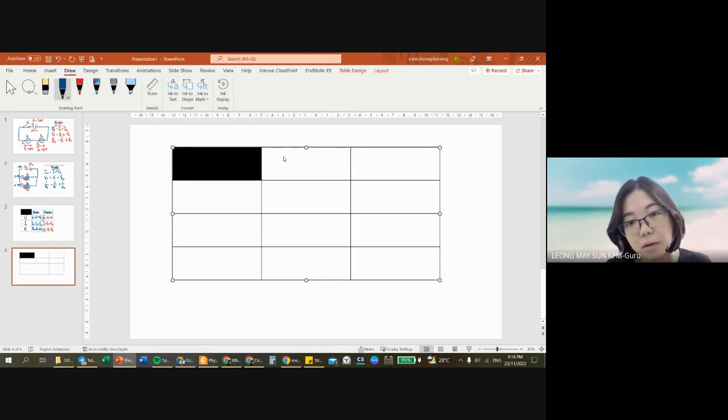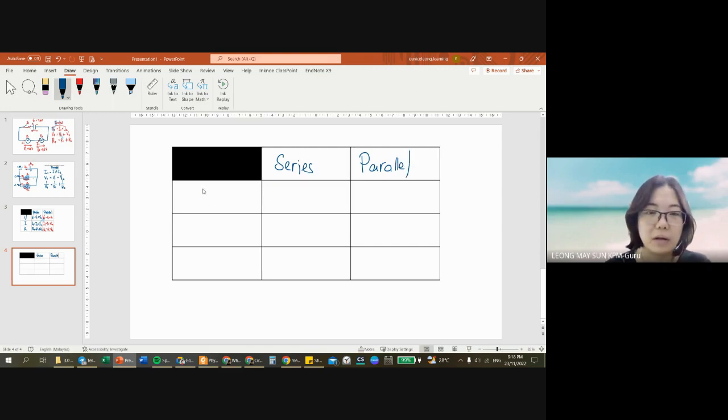So here, series again, and then parallel, and we use the formula V equals IR. My simplified version is like this. In a series circuit, the current is the same, so I same.